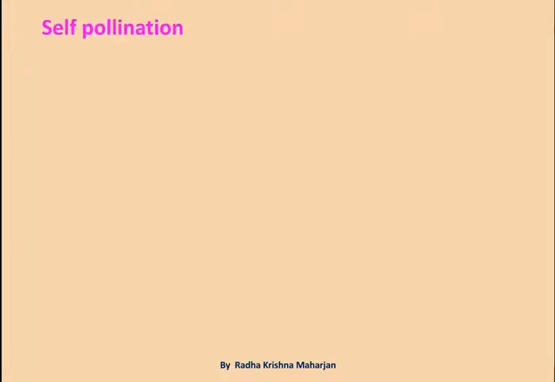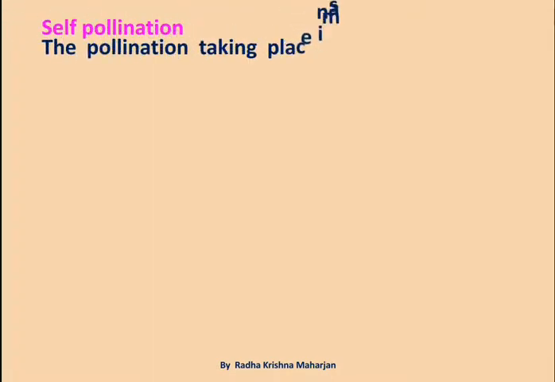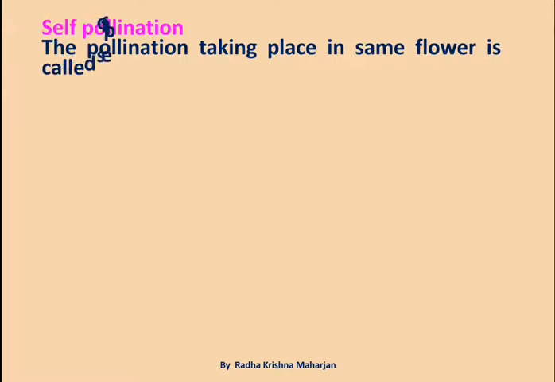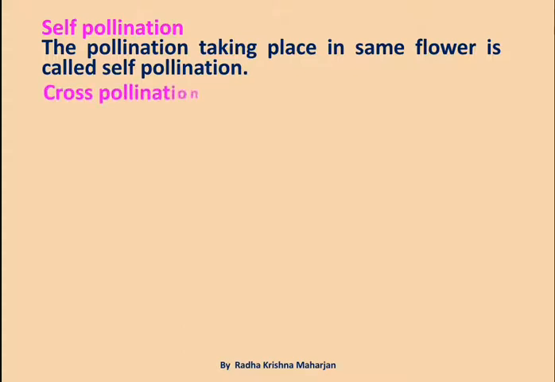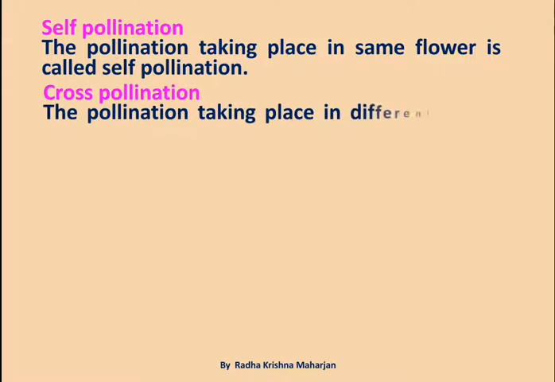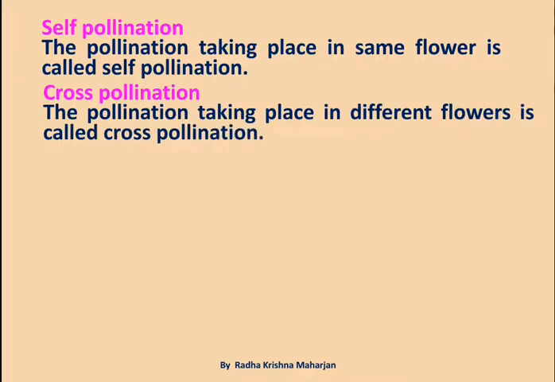Self-pollination: the pollination taking place in same flower. Cross-pollination: the pollination taking place in different flowers.